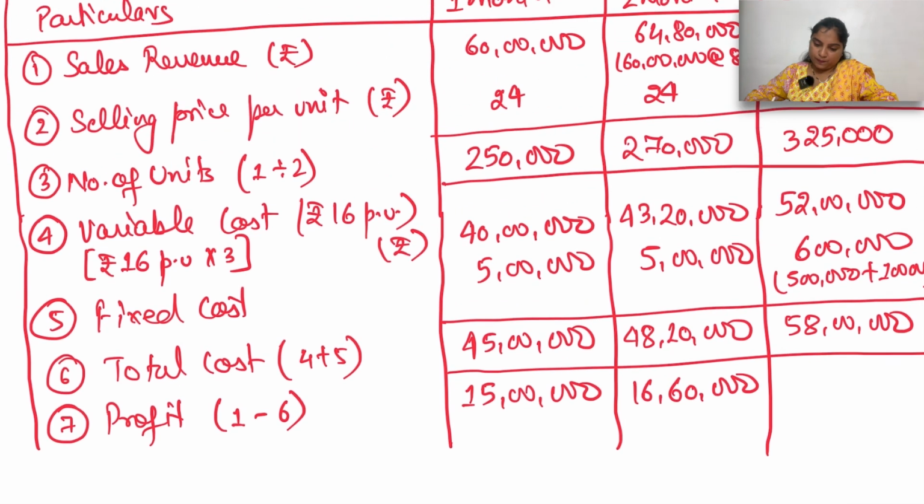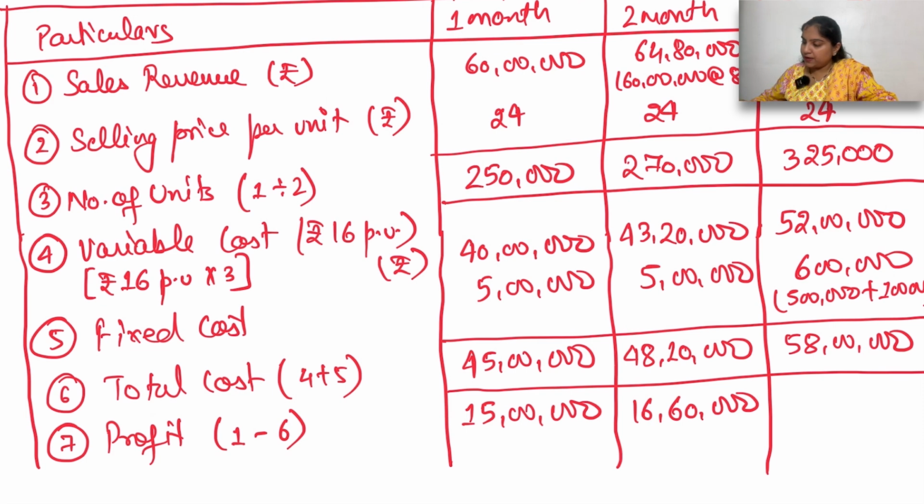Let me recheck here: 64 lakh 80,000 minus the total cost, okay, 16 lakh 60,000. In the last case we have 78 lakh minus 58 lakh, that is 20 lakh. So we have profit of 15 lakh, 16 lakh 60,000 and 20 lakh respectively. Okay, we got the profit.